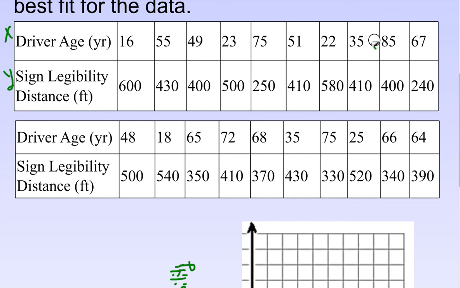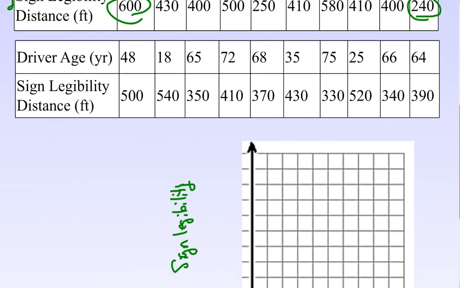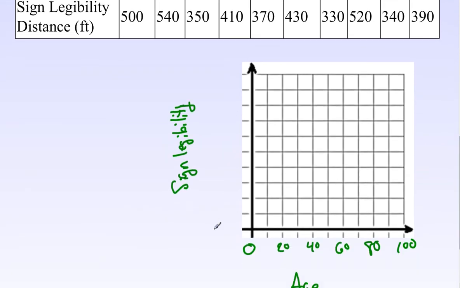So the smallest legibility seems to be... There's a 350, there's a 250, 240. So we've got less than 240? Nope. So that's the smallest. And what's the largest? I see a 600. Anything bigger than 600? Nope.